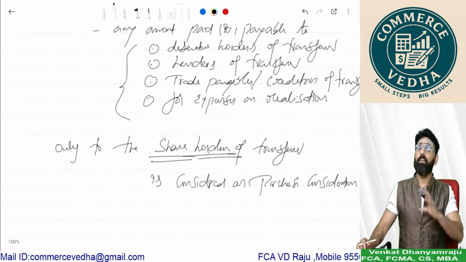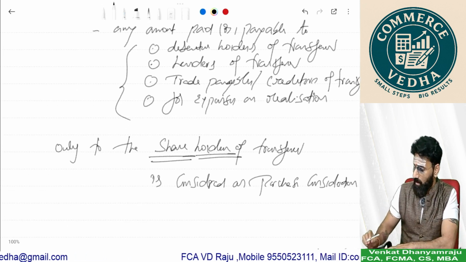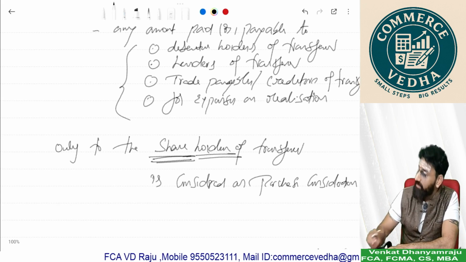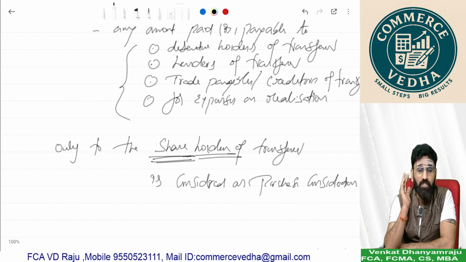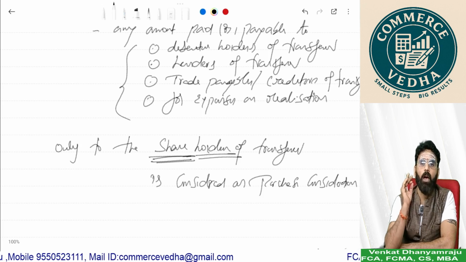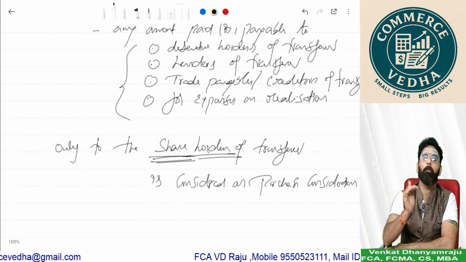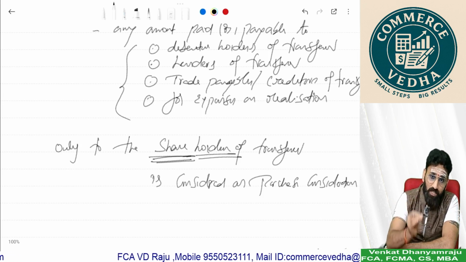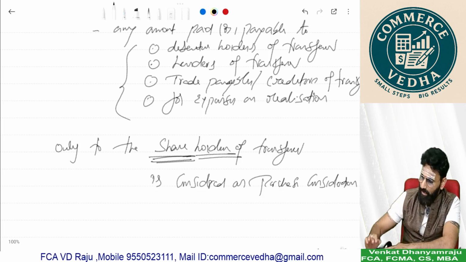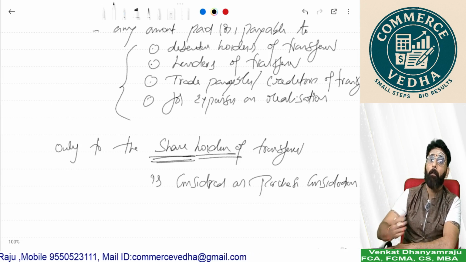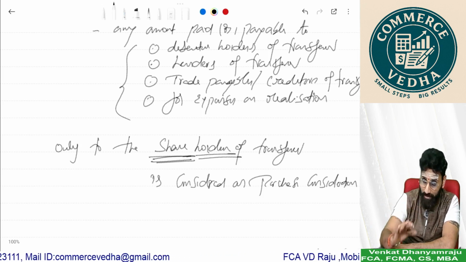So we should be very, very clear on this. The first definition itself clearly says purchase consideration means consideration in any form, paid or payable, to the shareholders of the transferor, by the transferee.